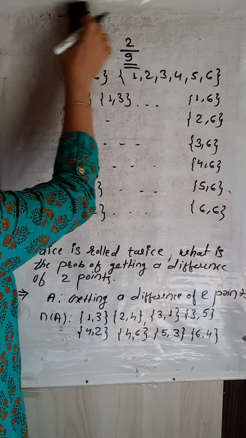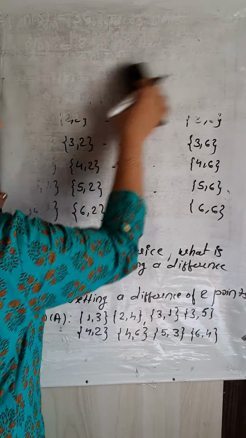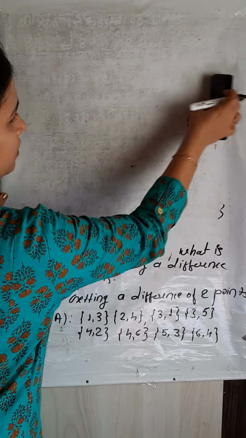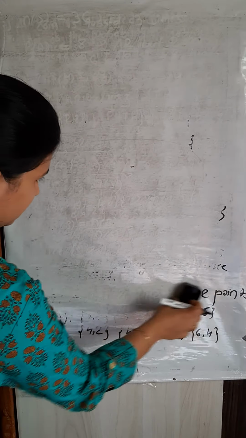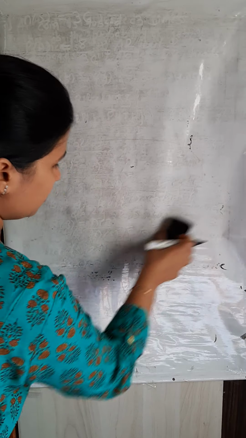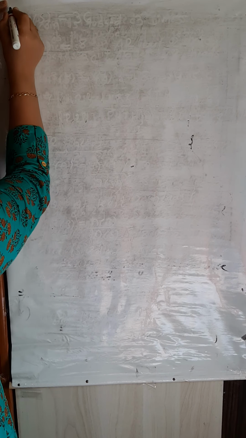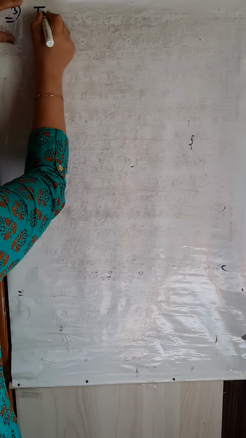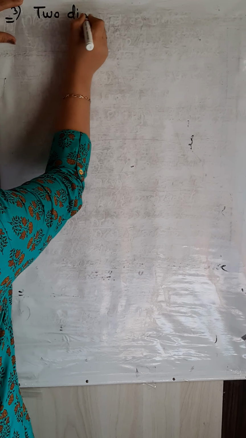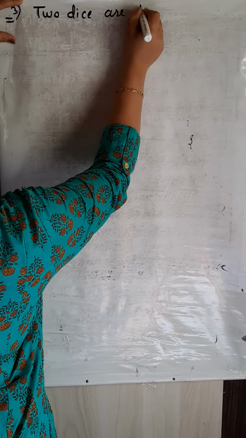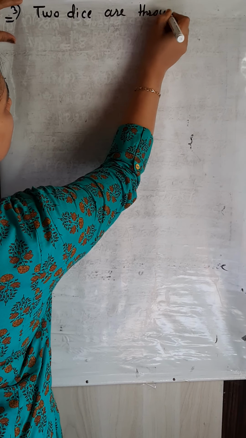Now we go for question number 3. The third question is what? 2 dice are thrown simultaneously. Question number 3. 2 dice are thrown at the same time.